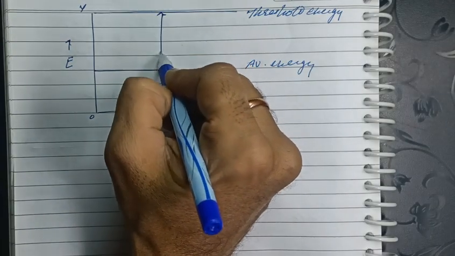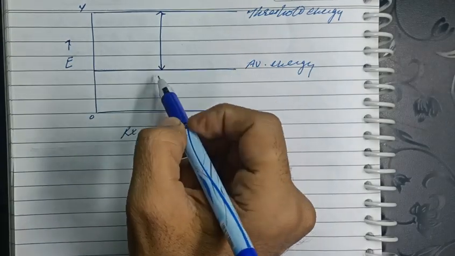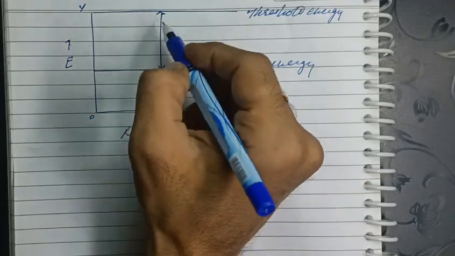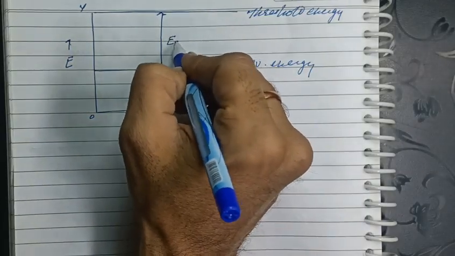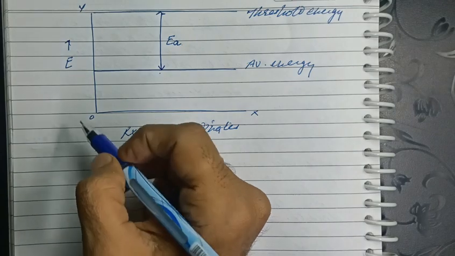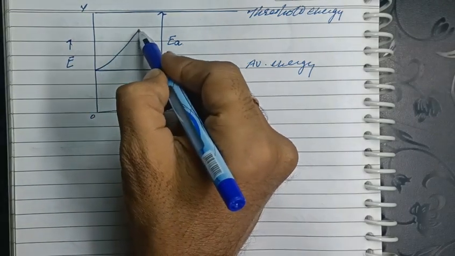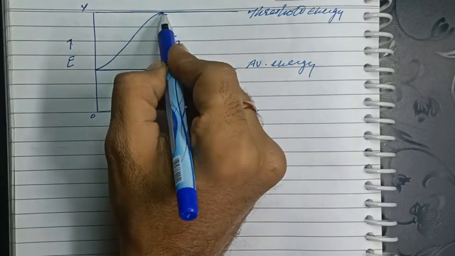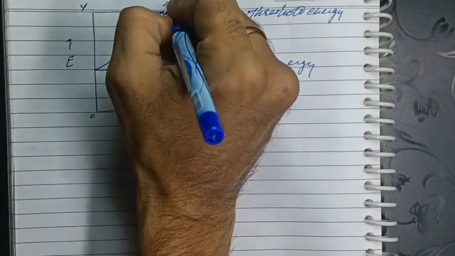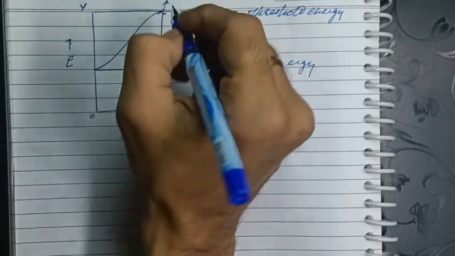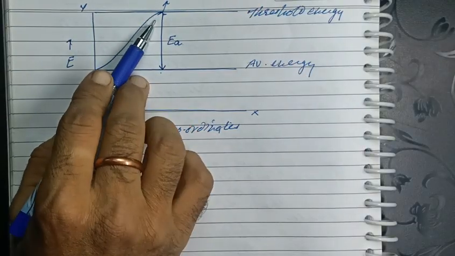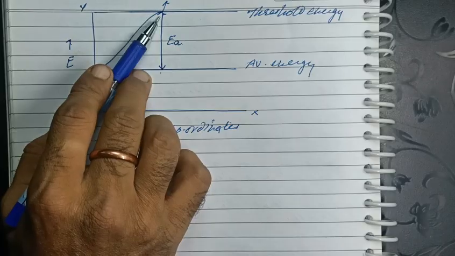So this required amount of energy by the reactant molecules to attain threshold energy is called activation energy. At this point, the reactant particles are converted into activated complex.